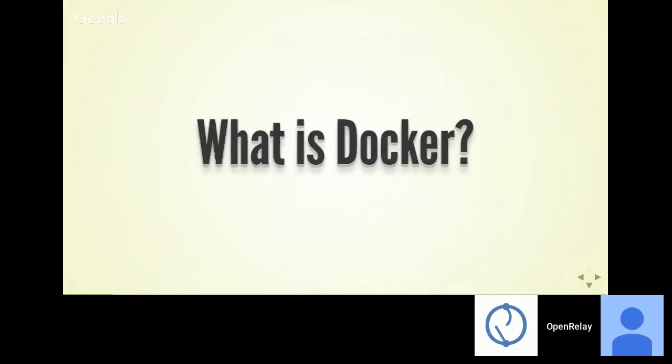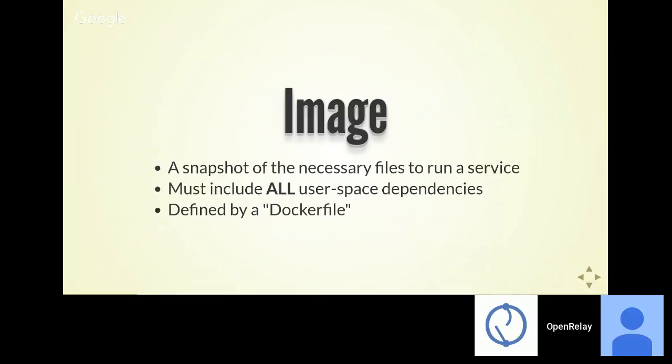So for those of you who don't know what Docker is, we'll start out with that. Docker starts out with an image, and an image is a snapshot of all of the files necessary to run a service. You can kind of think of a Docker image as being like a virtual machine image, and generally speaking, a Docker image will include the bulk of an operating system. It will include possibly a package manager.